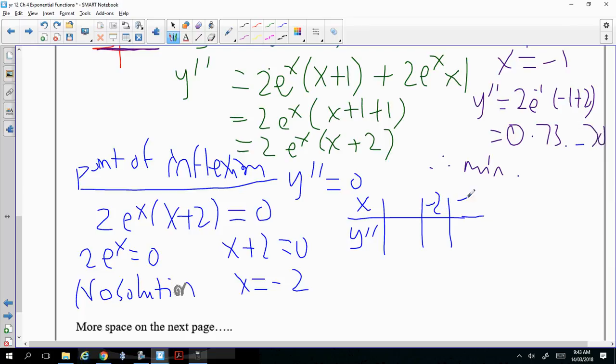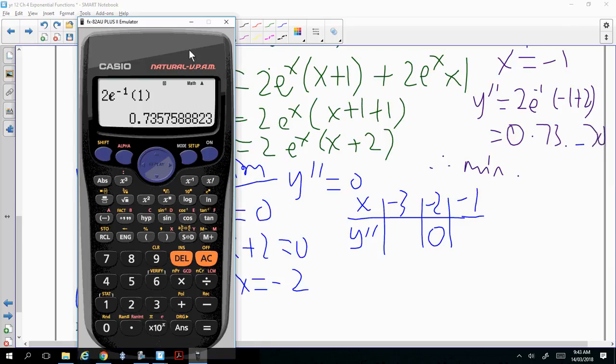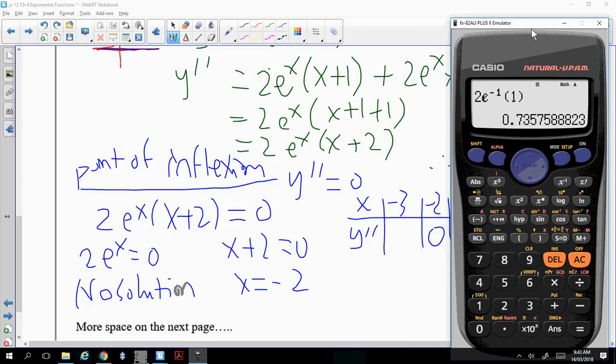So if I substitute -3, you get 2, shift that, -3, bracket, -3 plus 2, close bracket, you get -0.2, negative 0.2, and the other one substitute -1 as well.